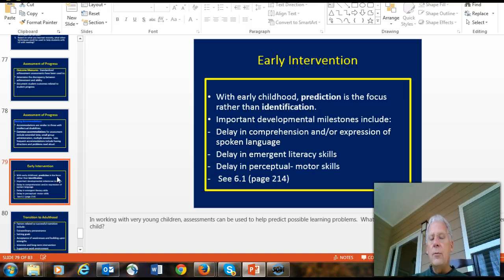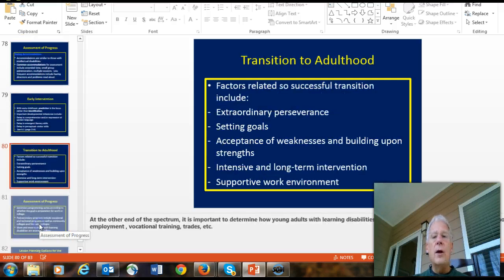Also, a delay in emergence of literacy skills, in other words, their inability to recognize letter sounds, again, phonemic awareness, difficulty with phonics, all of those would be indicative of problems in the learning disability area. If they have motor skill problems, that also could be an issue or a warning sign that the student might have particular problems.